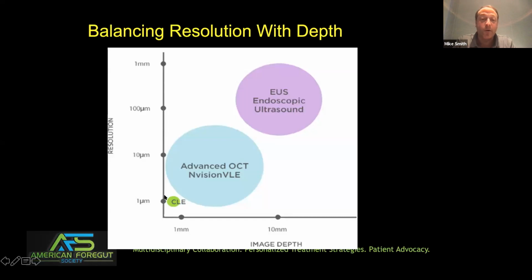You can see down to 1 micron of resolution right at the surface level, as Tripp showed you very nicely with the images that were displayed in his slides. The problem is that you're really able to look at a terrifically small area with terrific detail, but getting across the entire segment really can be a problem.